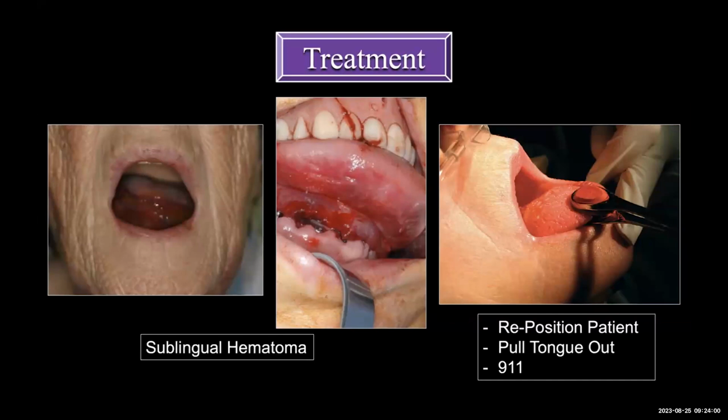Whether you get hemostats or these are called Young forceps, which are used in anesthesia, you pull the tongue out. What that does is that will actually open the airway and also put pressure on the hyoid bone to at least minimize the vessel bleeding. And then certainly you're going to call 911 in this situation.